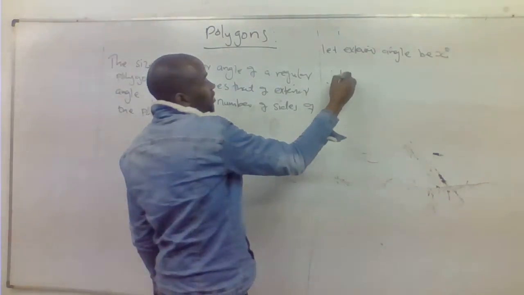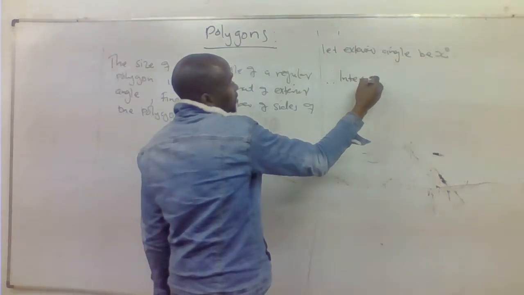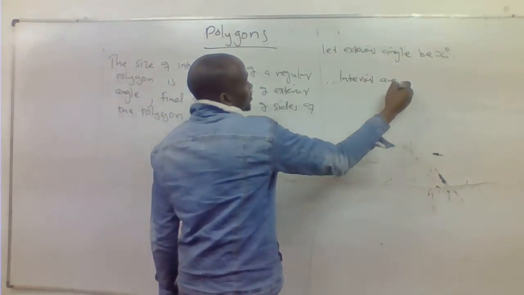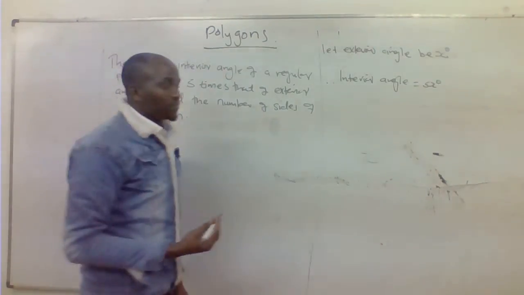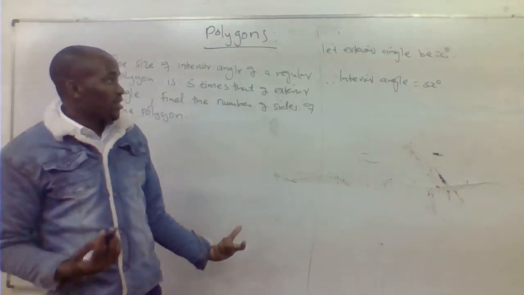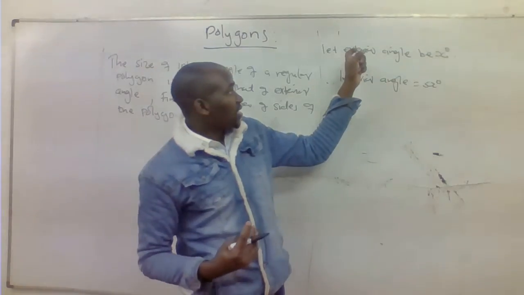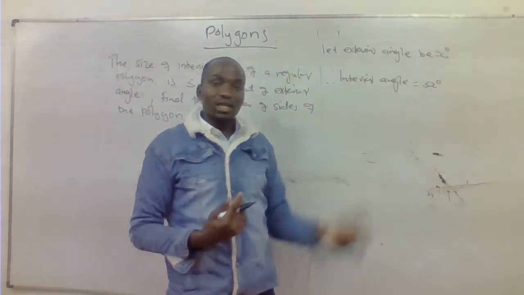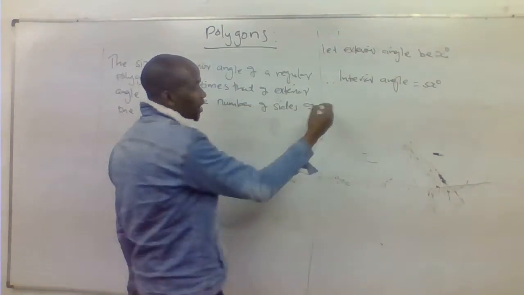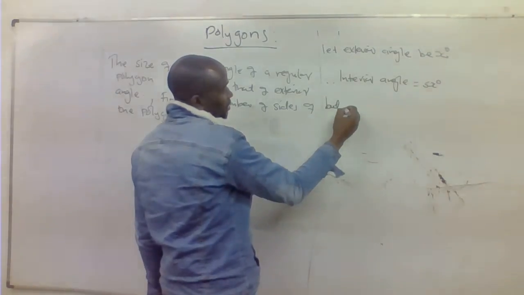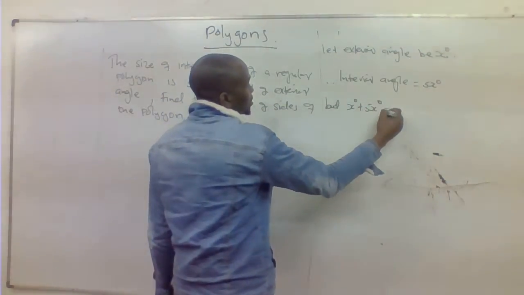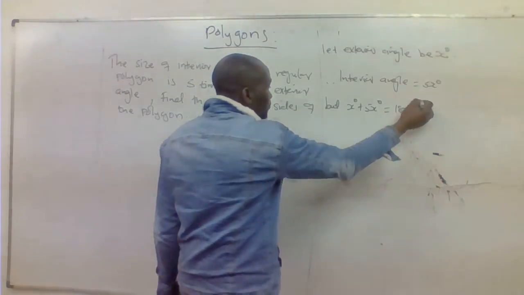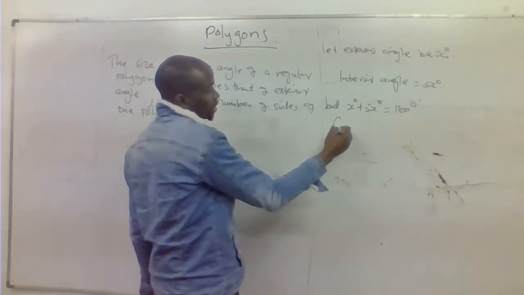Therefore, the interior angle will be equal to 5x degrees. But we know that if you add exterior angle and interior angle, you are supposed to get 180 degrees. So x degrees plus 5x degrees is supposed to be 180 degrees. So you can get the value of x.